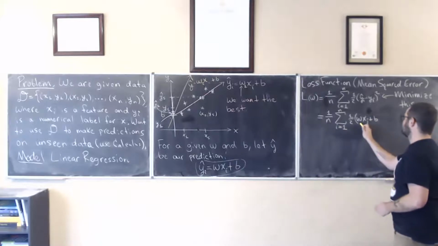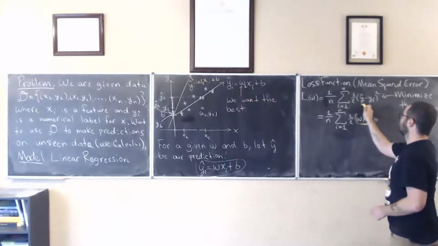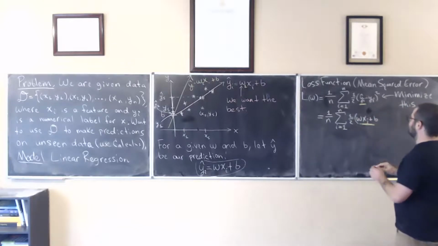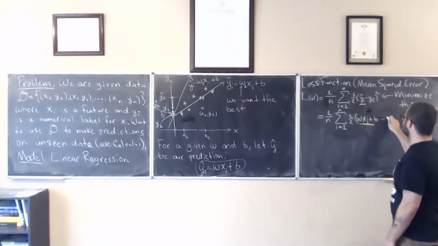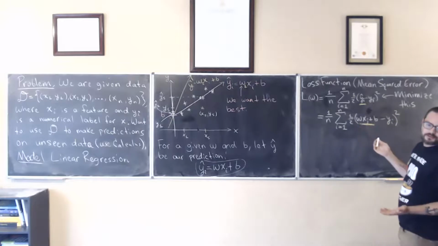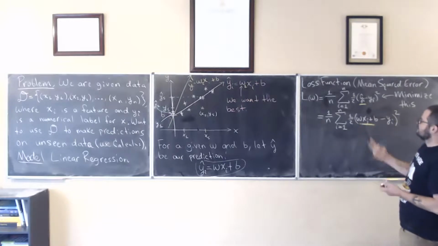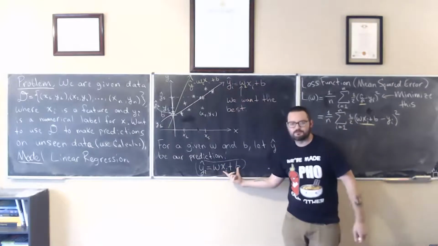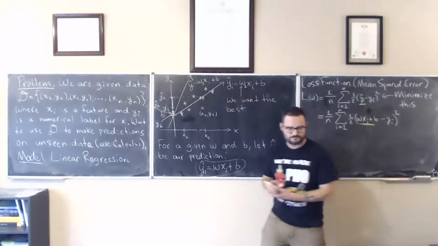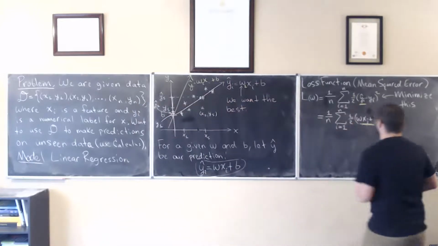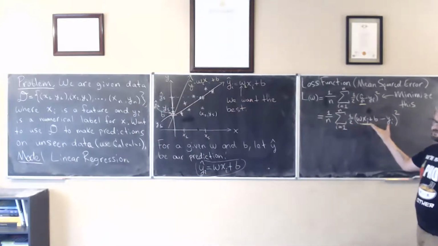So this is that. It's the same thing. And then we subtract off the actual label. It's the same thing, right? Do y'all agree? That's our prediction. That's just notation that we use so we don't have to write that out all the time.